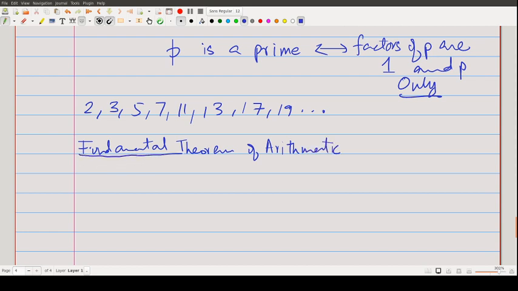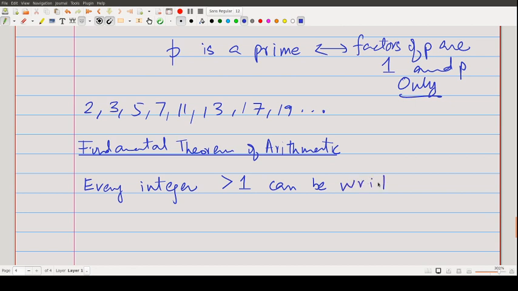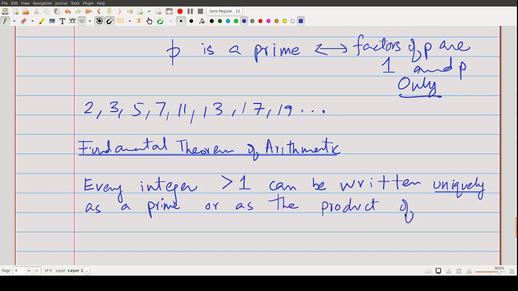It says a very simple thing: every integer greater than 1 can be written uniquely as a prime or as the product of two or more primes.